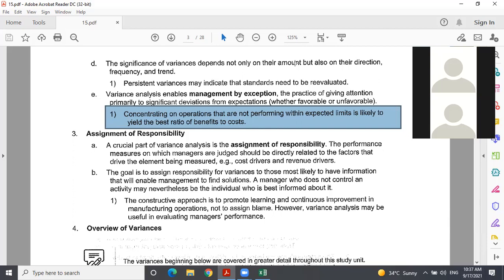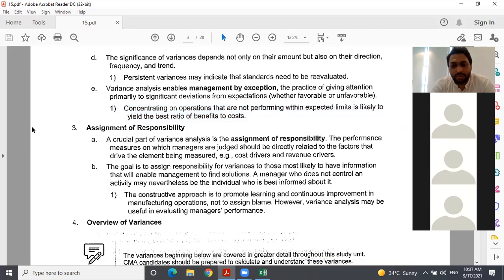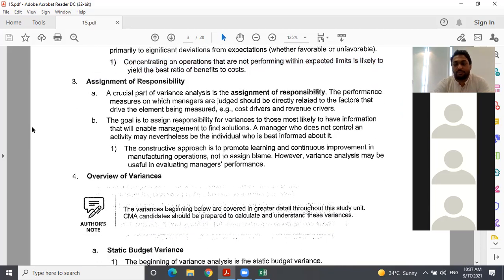Then, assignment of responsibility. A crucial part of variance analysis is the assignment of responsibility. The performance measures on which managers are judged should be directly related to the factors that drive the element being measured, that is, cost drivers and revenue drivers. The goal is to assign responsibility for variance to those most likely to have information that will enable management to find a solution.